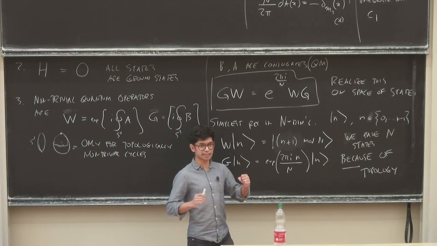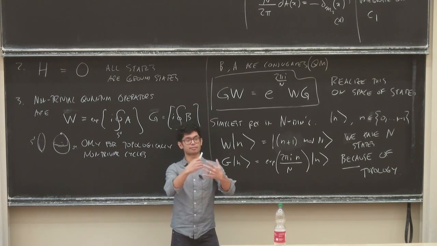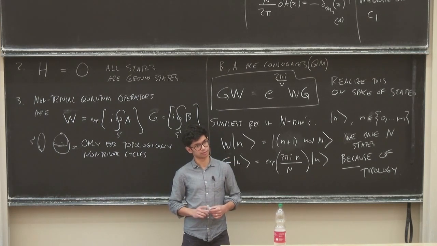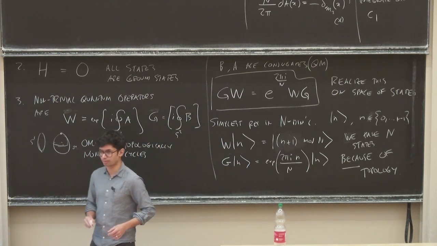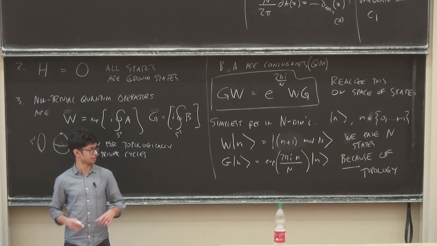So you only get a non-trivial ground state degeneracy if you have some non-trivial topology. Okay? So this is one of the hallmarks of topological order, that on a manifold with non-trivial topology you have degenerate ground states. Does that make sense to everybody?